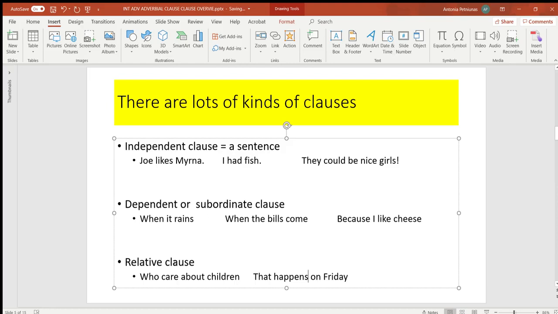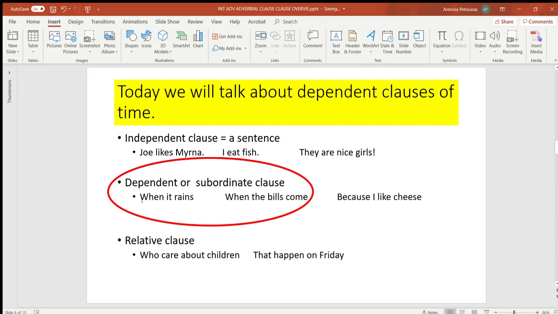I eat the fish dinner that happens on Friday, okay? But today we're only going to talk about one kind of these dependent clauses that can't stand alone. We also call them subordinate clauses of time. When it rains. When the bills come.